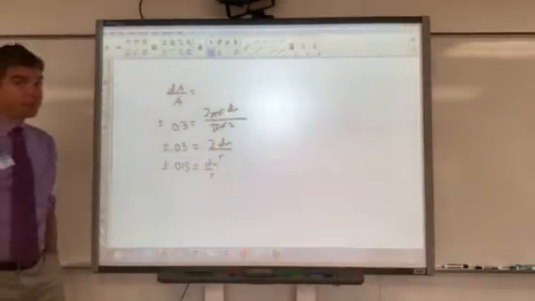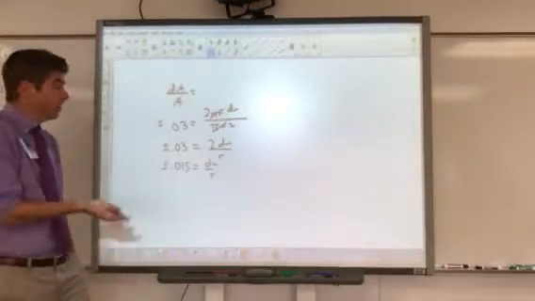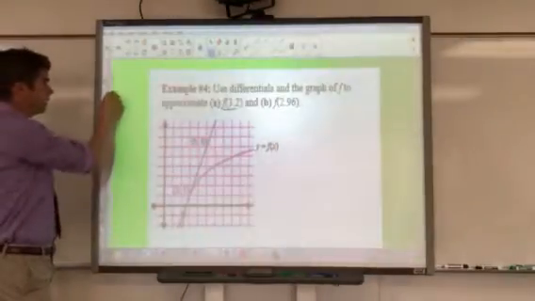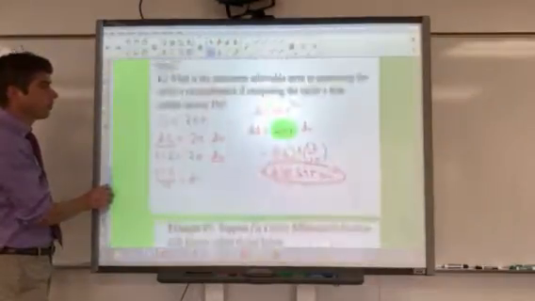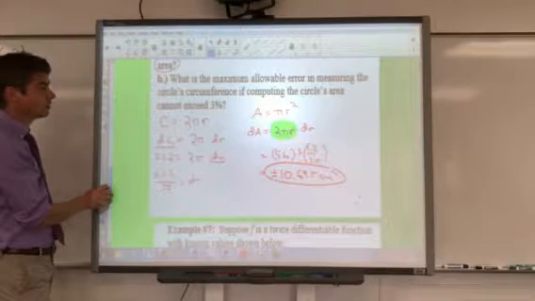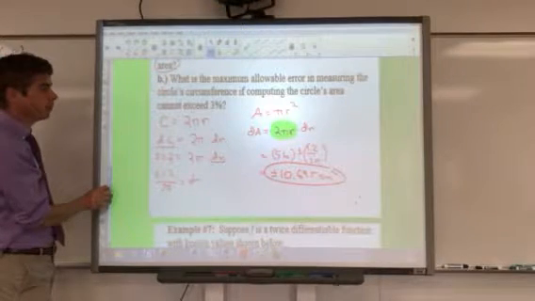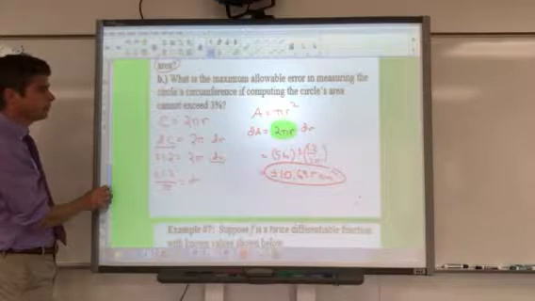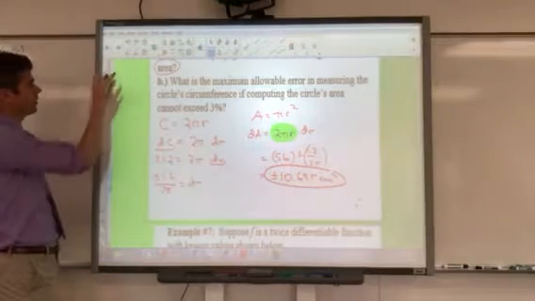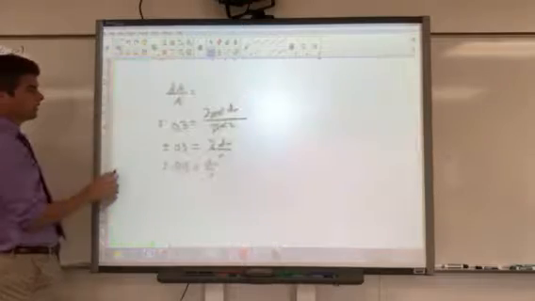And even though I haven't really calculated anything, I'm kind of done. Because if you look at the problem, it says, what is the maximum allowable error in measuring the circle's circumference if computing the circle's area cannot exceed 3%? Oh, well, I'm close. Very close.